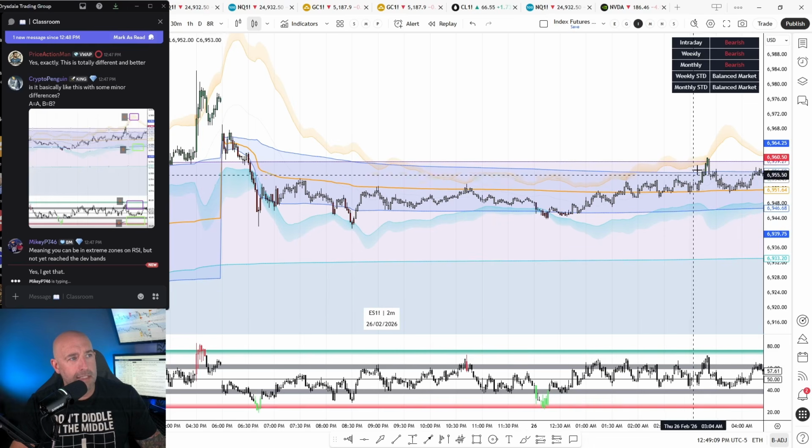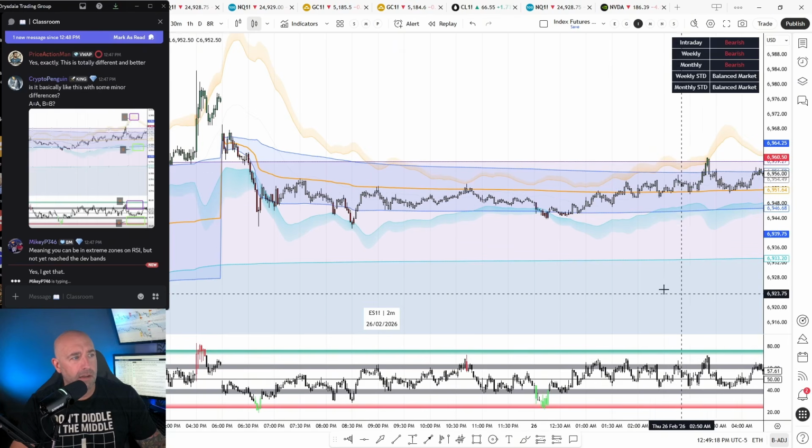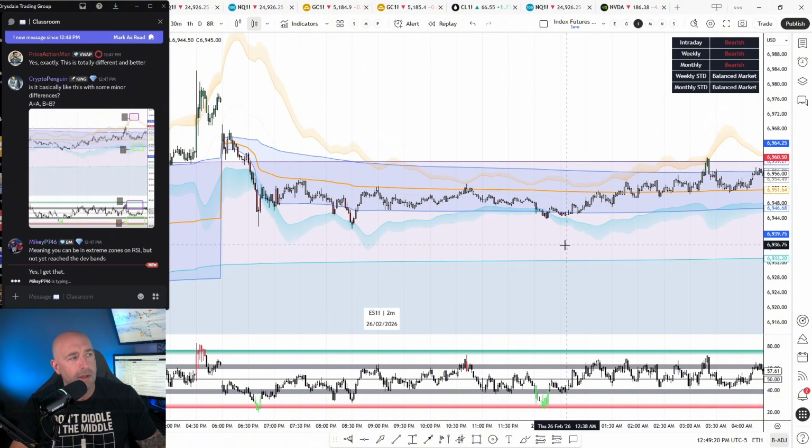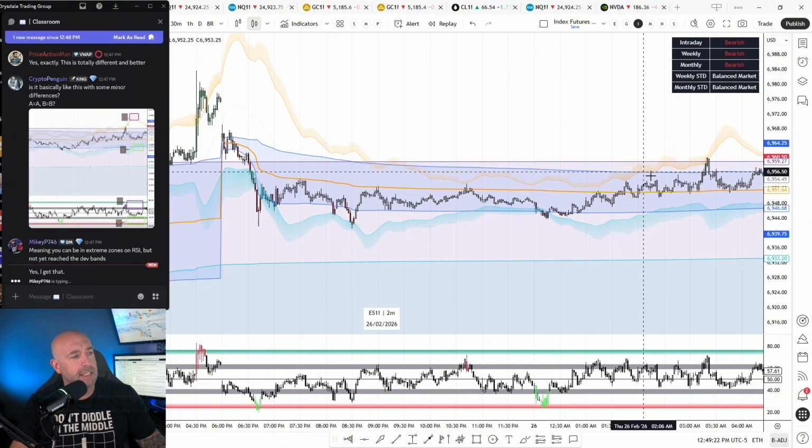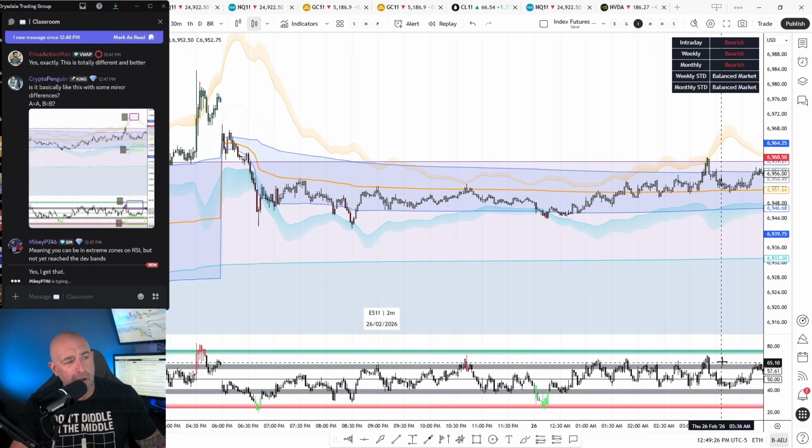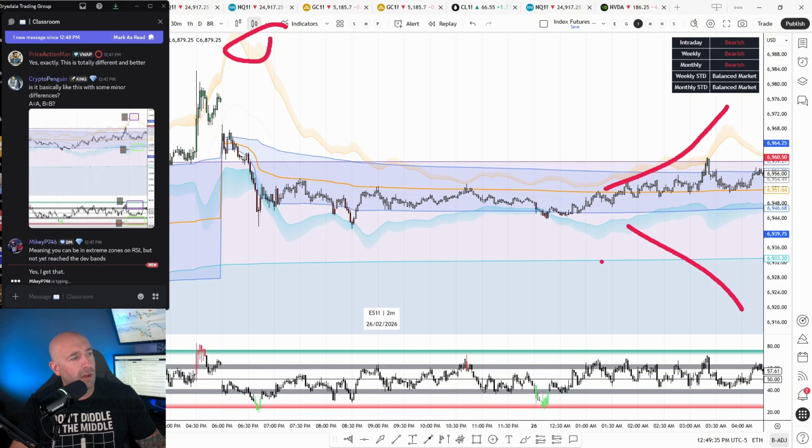Okay, so he's asking, can they be on the RSI? Yeah, there could be a slight little difference. Like this is poking through above the gray band here, but not quite making it there. It's a little bit of a different mathematical formula. I think it takes it to the next level as it's on the chart. It's not an oscillator where it's range bound. This is open to either side. These bands can go as high or as low as they want.